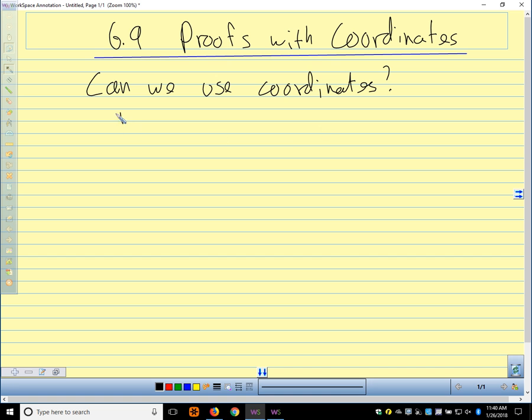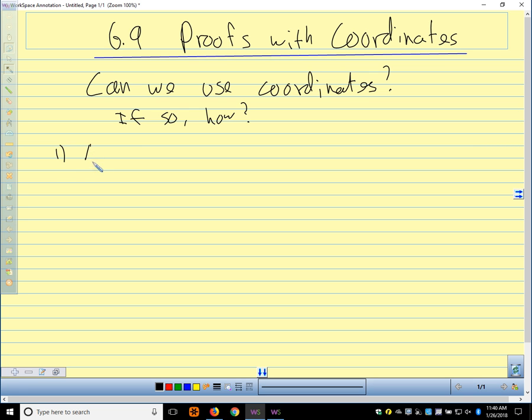And if so, how? And what we mean by how is, would we use slope? Would we use midpoint? Would we use distance? Those are our tools. Can we use one of those things to figure this piece of information out?